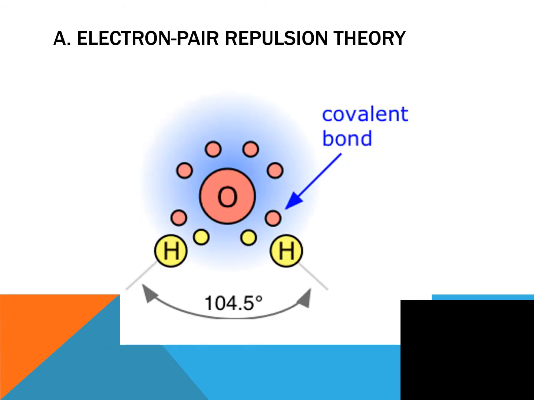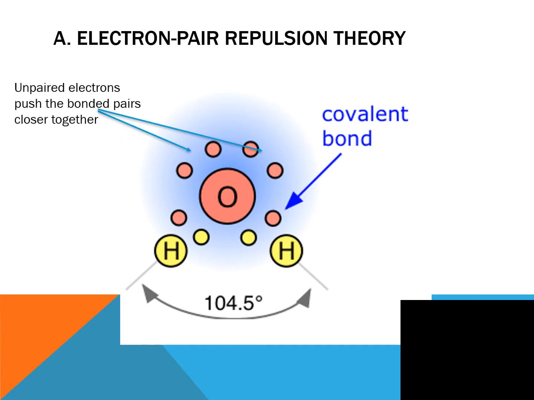These are covalent bonds, so you can see that they're sharing electrons. And what happens when you start sharing and you have lone pairs is that the bond angle starts to shrink. So for example, water, these pairs up top are going to push around and lower the angle to 104.5 degrees.